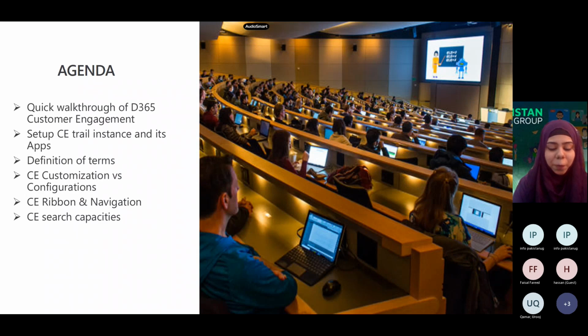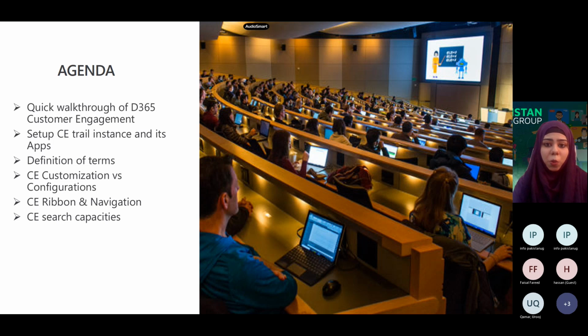Now going back to the agenda. What I have to discuss with you all today is a quick walkthrough of D365 customer engagement, and then we will see how we can set up a trial instance. Though we had it in the last session, in this session we are going to give you a recap of how you can create a trial instance, how you can configure your organization URL, how you can set up different applications, how you can perform basic customizations and configurations, and how you can explore customer engagement.